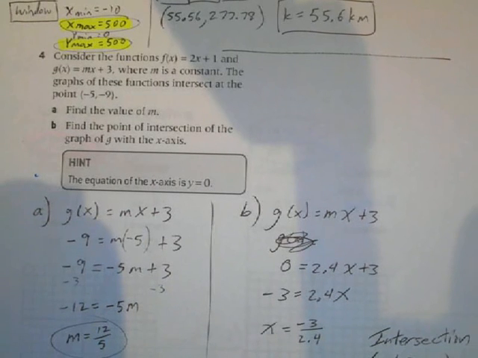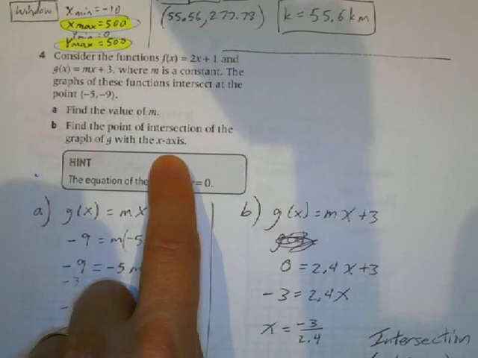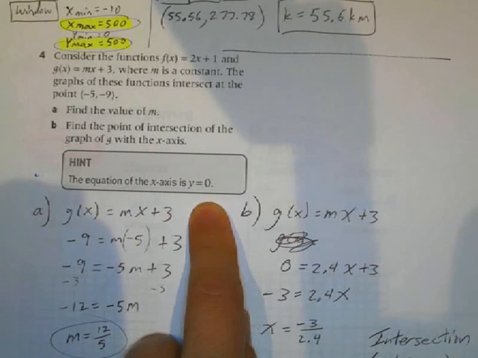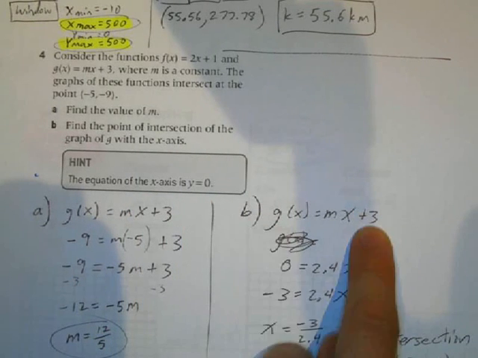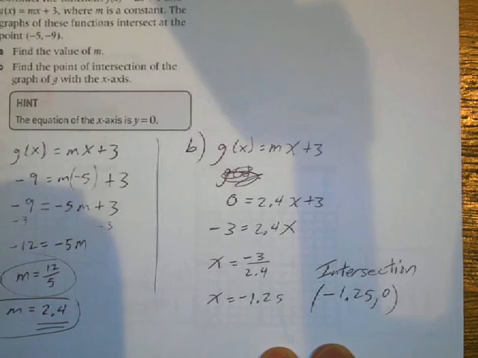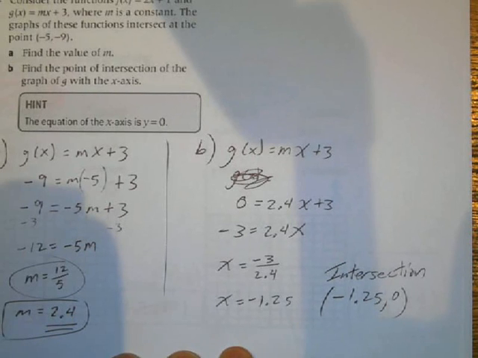And then question B, find the point of intersection of g with the x-axis. So it crosses the x-axis when y is 0, so I take this equation, make y, or g of x, equal to 0, and then I solve for x. Okay, and so there's my intersection. Please watch this again if you have more questions.